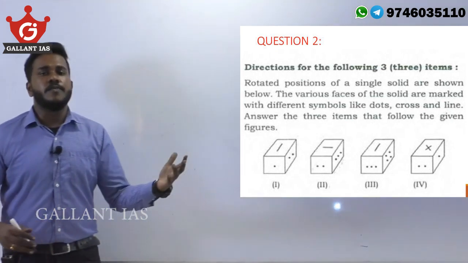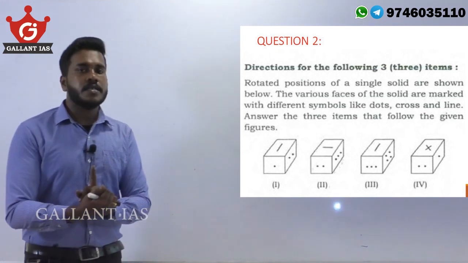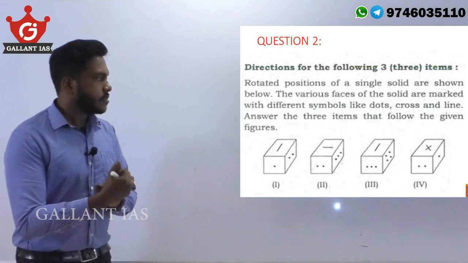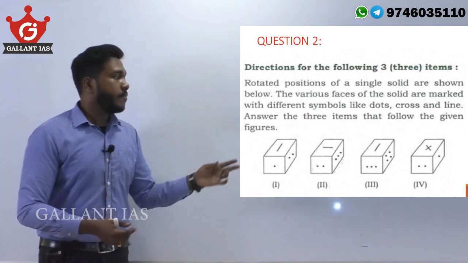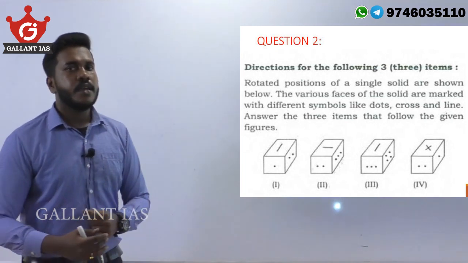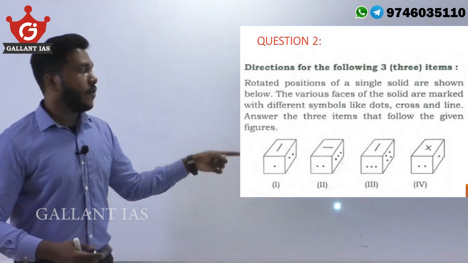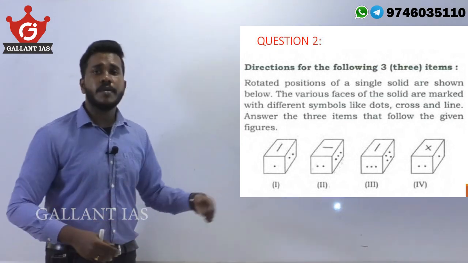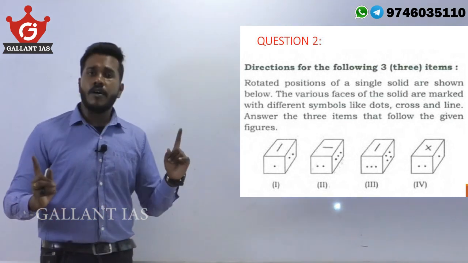To open the cube, you need to find a face common in the majority of the orientations. Here there are 4 orientations, so you need to find a face which is common in any 3 orientations.